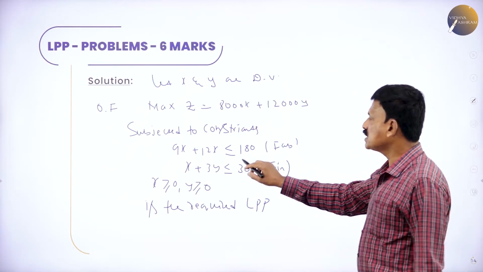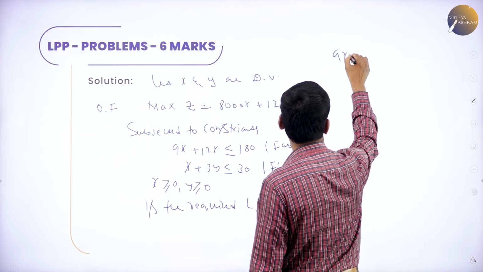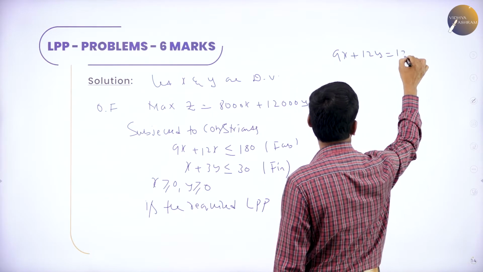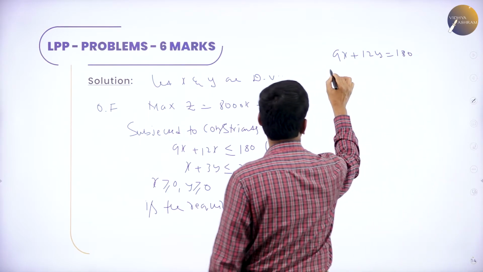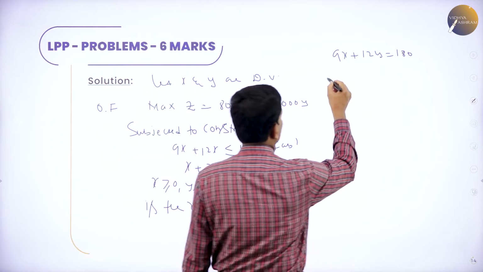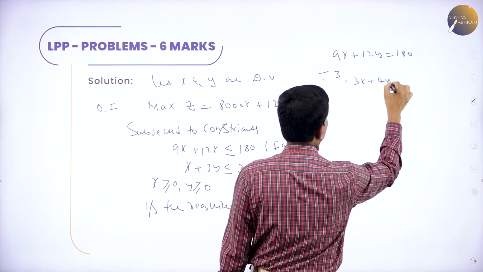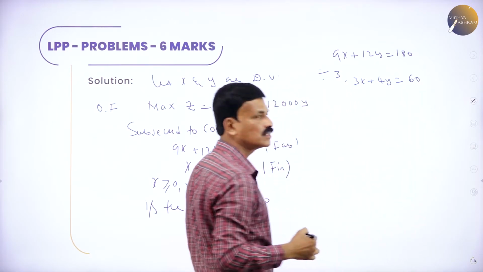Now convert these inequalities into equalities. Let us consider the first equation, 9X plus 12Y is equal to 180. Divide this by 3, and you will get 3X plus 4Y is equal to 60.